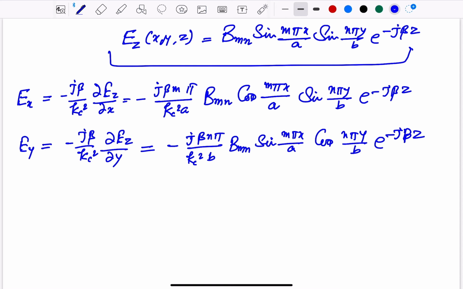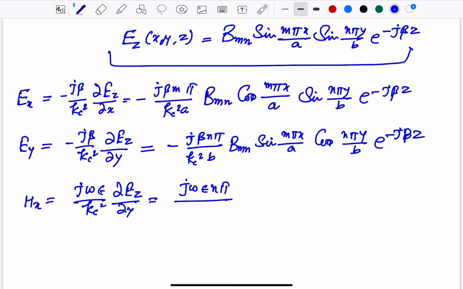Now we are left with two more components, which is Hx: j omega epsilon over kc square dou Ez over dou y, which is equal to j omega epsilon n pi over kc square b Bmn, and so on.